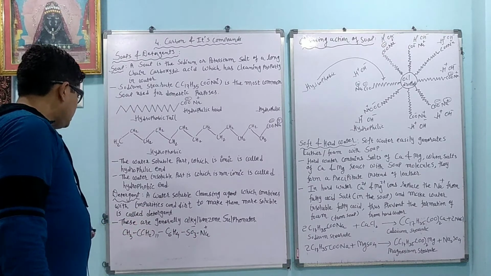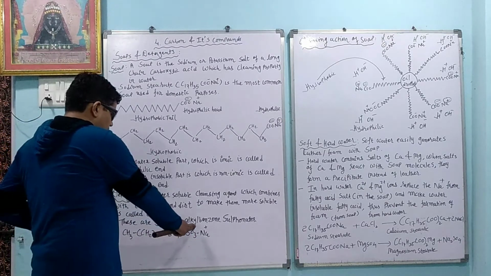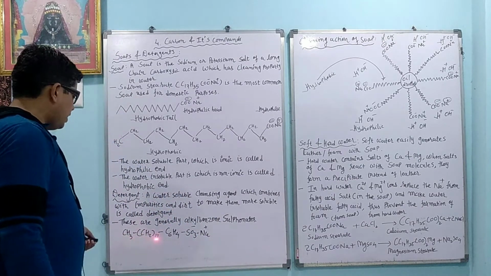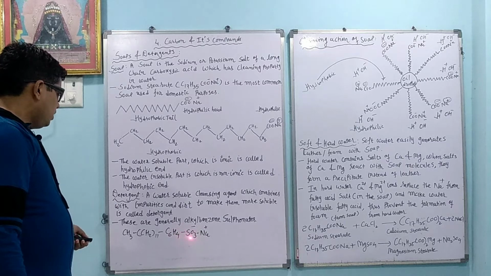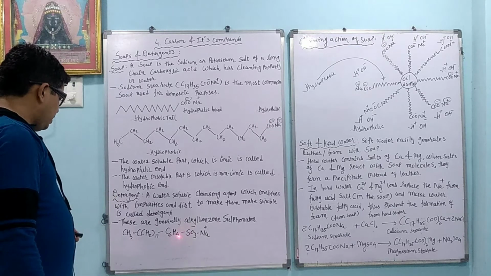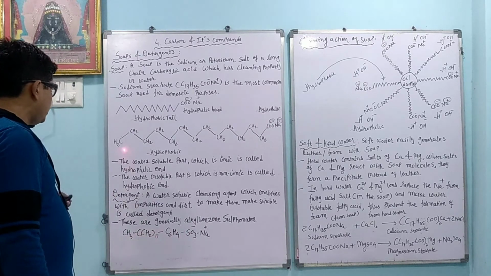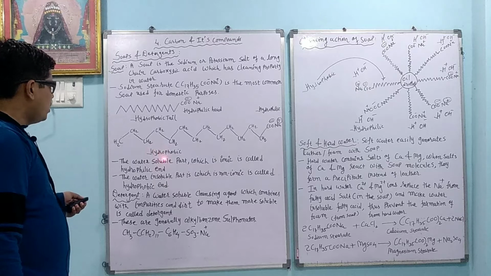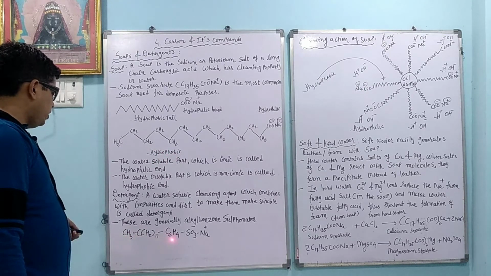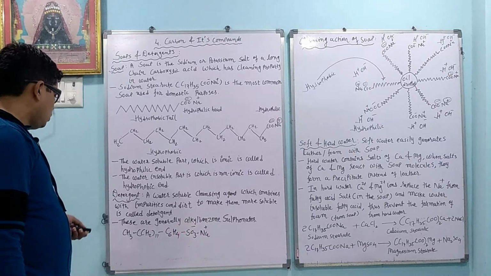These are generally alkyl benzene sulfonate. The SO3Na part is the hydrophilic part, and the other long chain is the hydrophobic part. Hydrophobic means it is away from the water, it repels the water, while this part attracts the water.